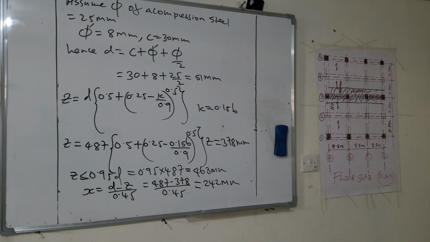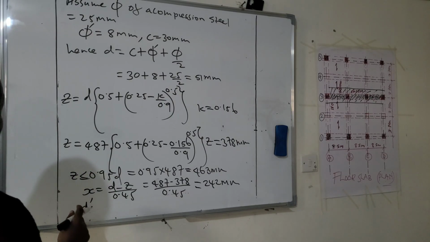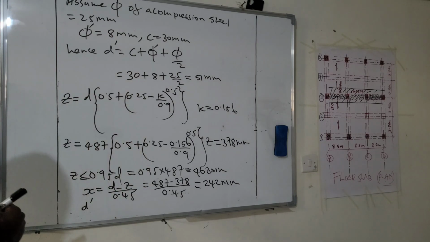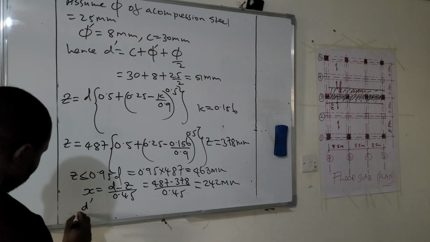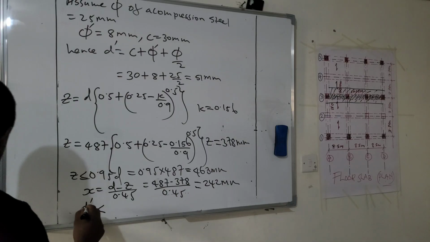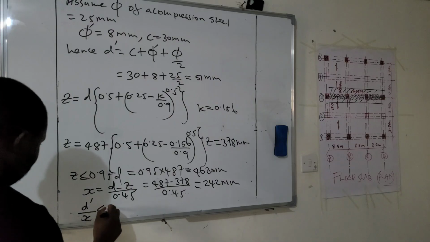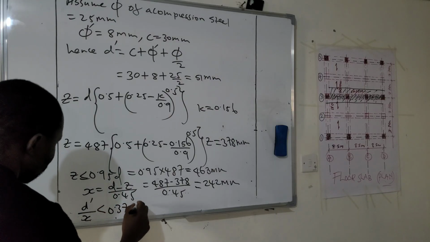So let's check whether the compression has yielded or not. So this one, it means D prime, the effective depth of the compression. So D prime over X must be less than 0.37.